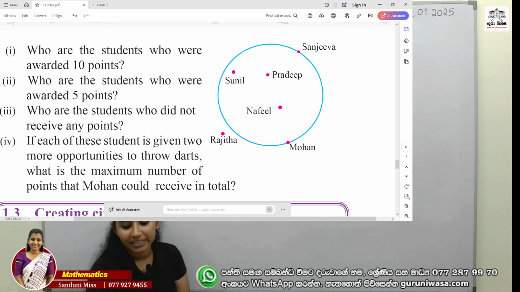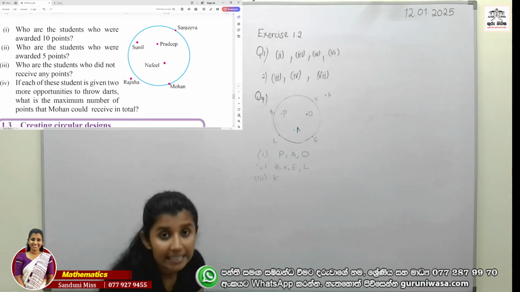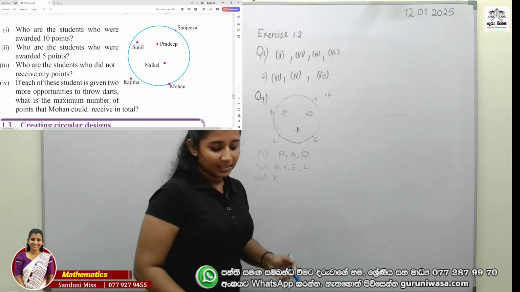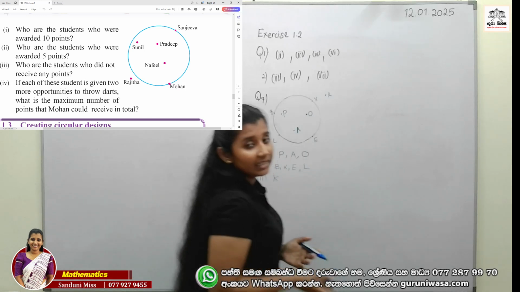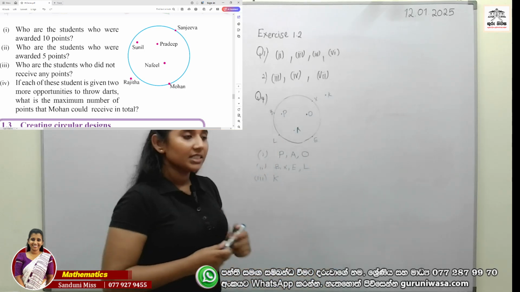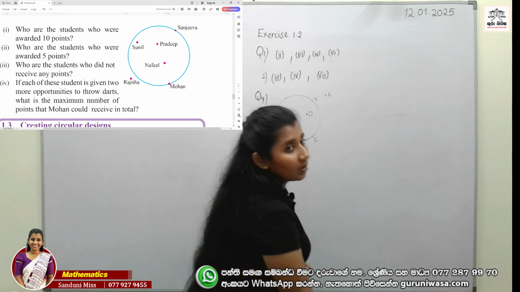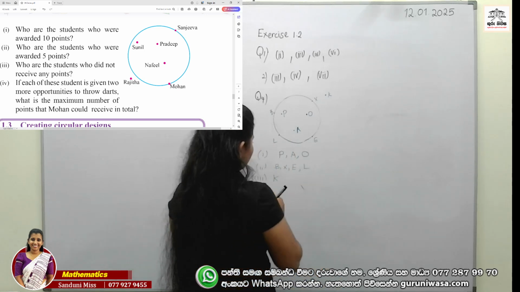The 10 point is where the dart hits the circle. That means a hit on the circle. And 5 points are awarded when the dart hits inside the circle, and no points are awarded when it hits outside the circle, right? So we'll see.